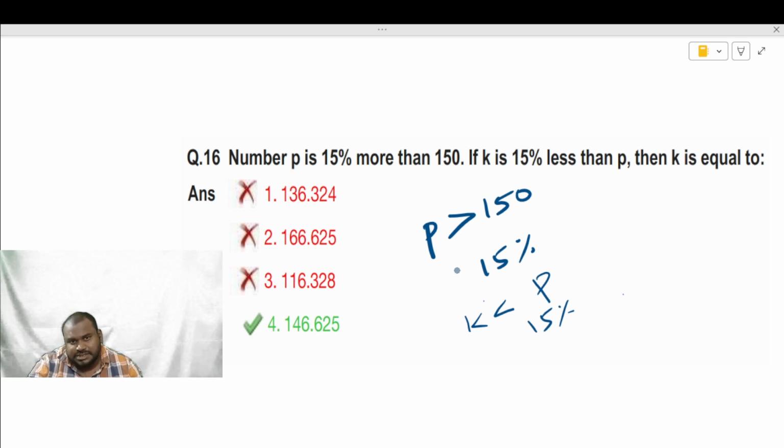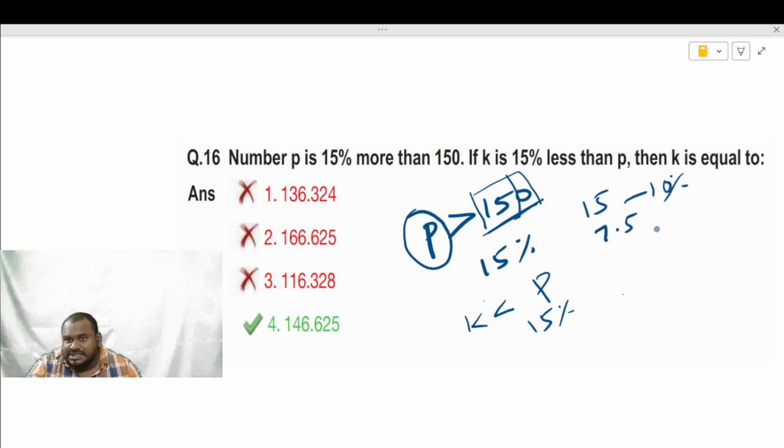First point he has given is P is 15% more than 150. So first you calculate the P value. If you take 150 as 100%, you just add 15% to this 150, then it will become the P value. 10% of 150 is 15, 5% is 7.5, so 15% is 22.5.